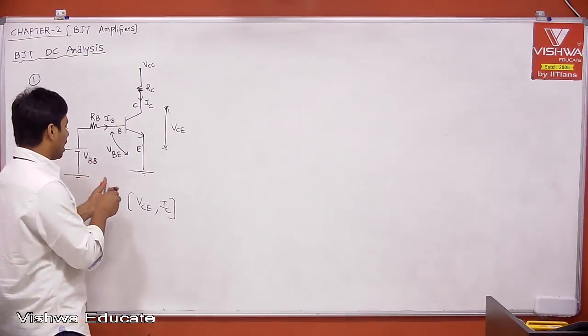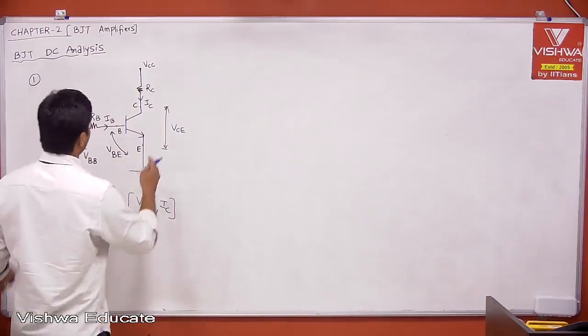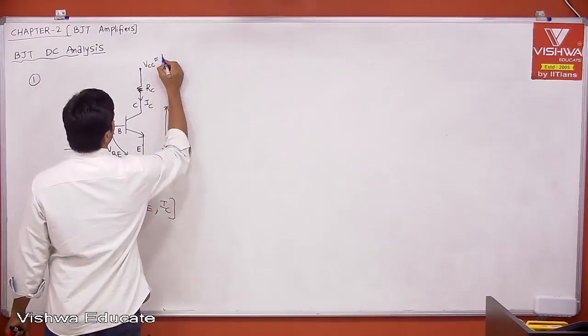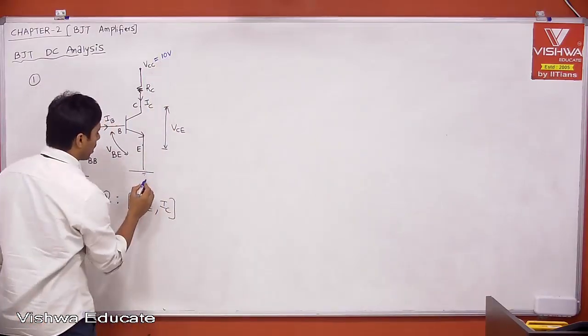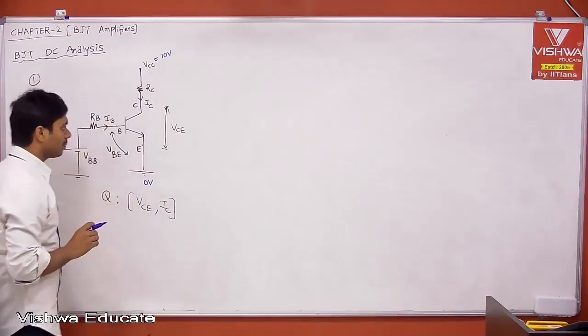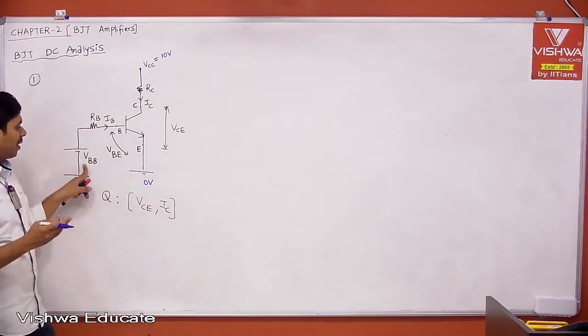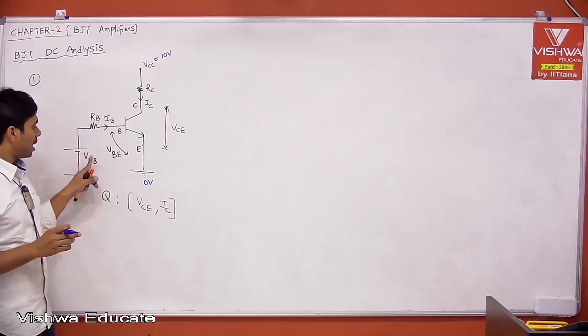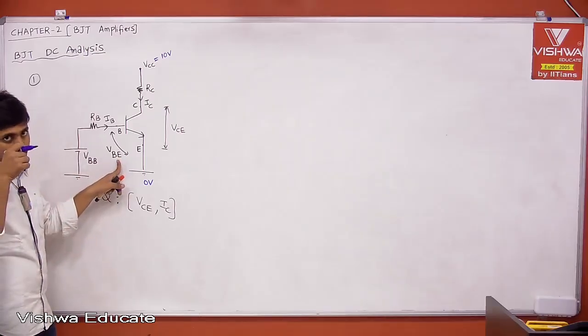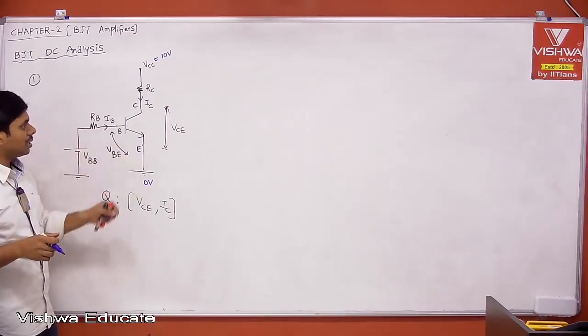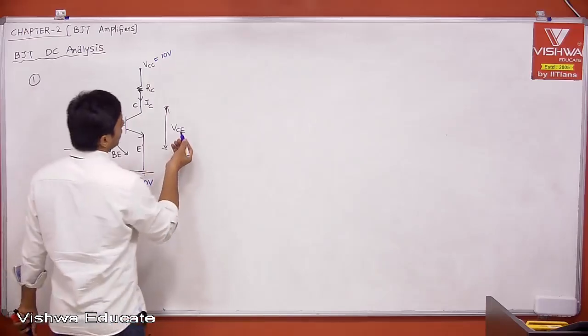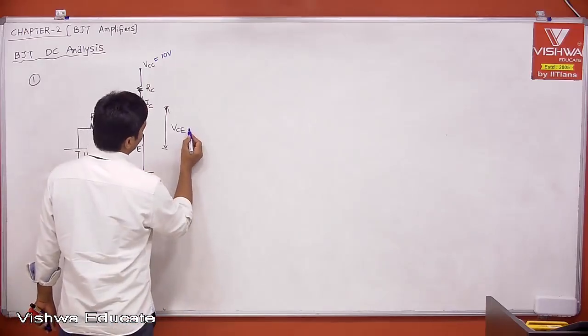Let us say the power supply we are using is 10 volts, the highest, and the lowest power supply is 0 volt. Okay. I am applying VBB, some 5 volt, right? And I am getting VBE definitely greater than the cut-in voltage. Then let us say I am choosing VCE as 5 volt, which is typical.